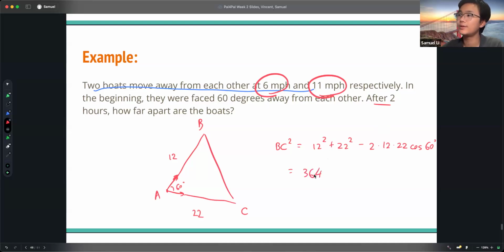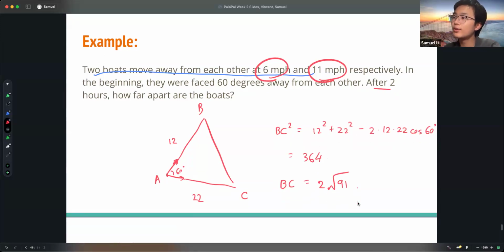I think this is equal to 364. So BC would be equal to twice the root of 91. Yeah, I think this is right. So if you were to round this, this is 19.079 miles. So yeah, law of cosines and application.